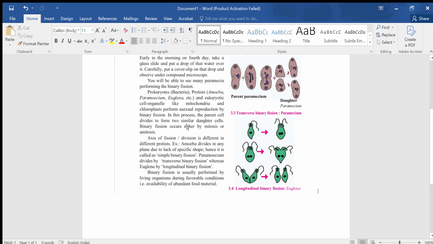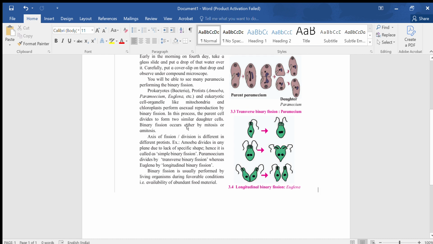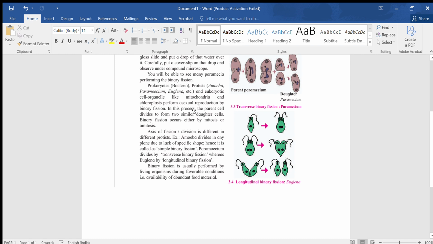That means only one parent is there. In this process, the parent cell divides to form two similar daughter cells, and binary fission occurs either by mitosis or amitosis. Let me clear this topic later, mitosis and amitosis.